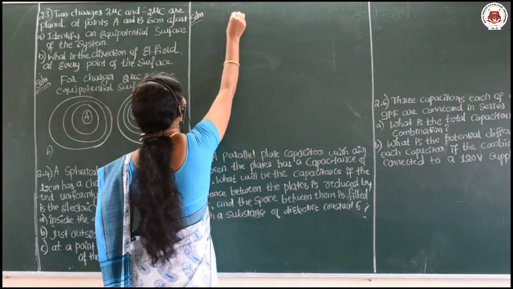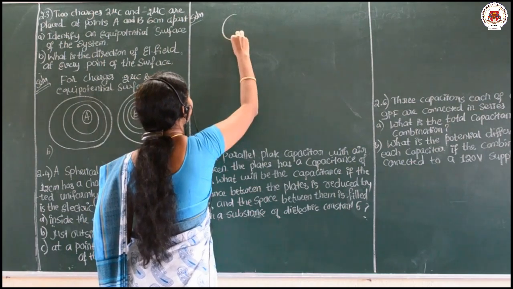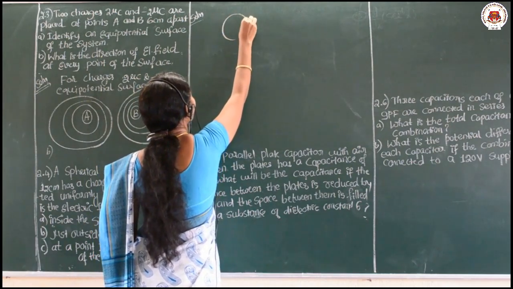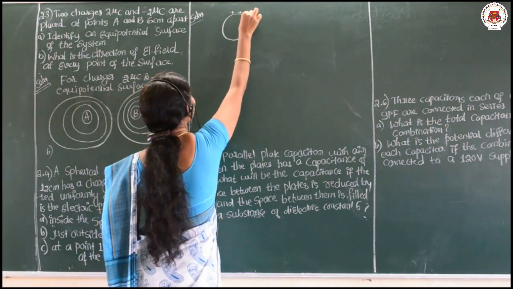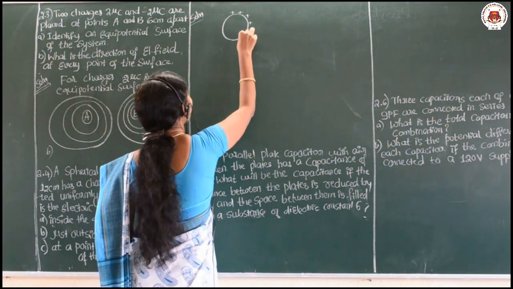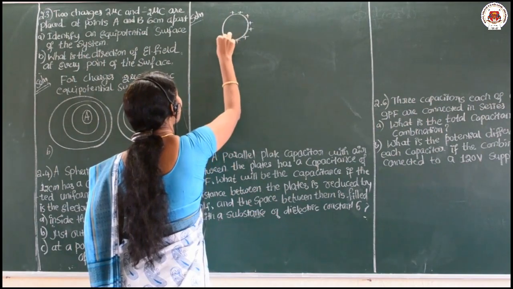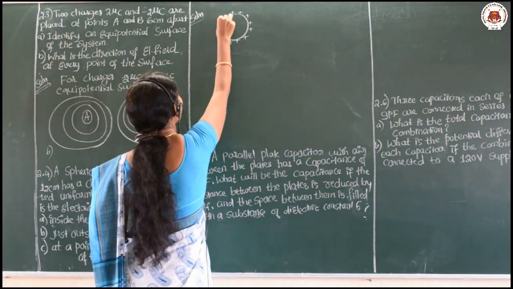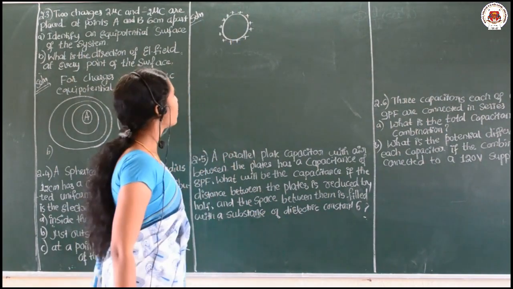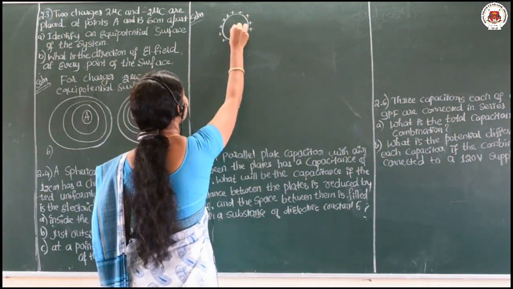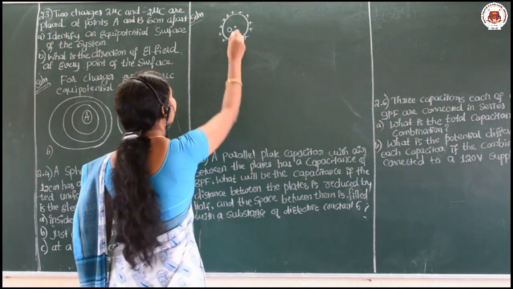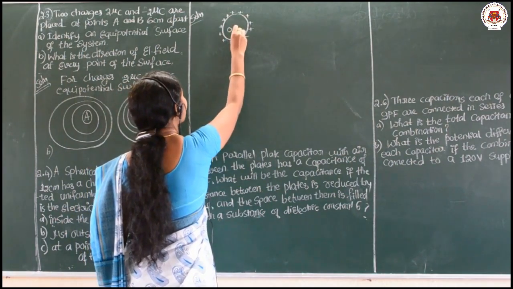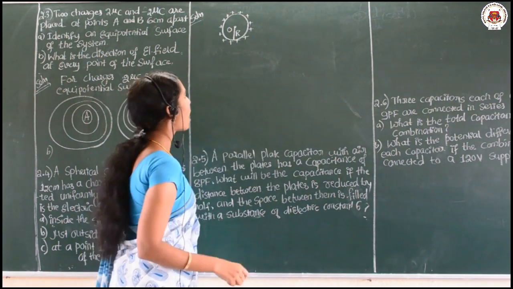Assume here is a spherical shell or the sphere, and when charges are given to this, they are distributed uniformly on the surface of the sphere, right, and take this is the center of the sphere, call it O, and this is the radius of the sphere, call it R.